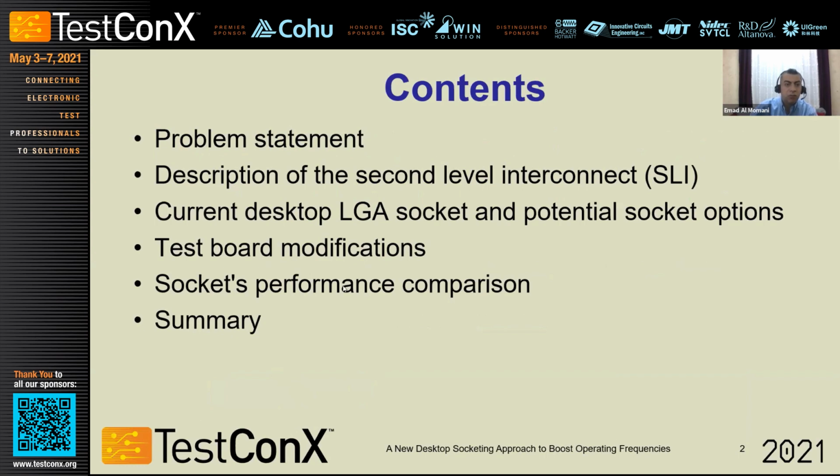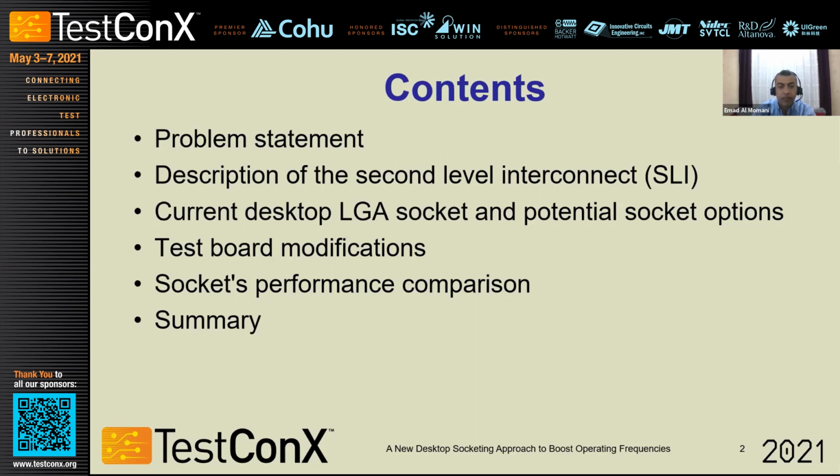The agenda for this presentation: I will start with the problem statement, then we'll describe the second level interconnect, of which the socket is a very core part. Then we'll go to the current desktop LGA socket, to show how it looks for those who may not be familiar with it, and also explain the other two socket technologies that have been studied during this experiment.